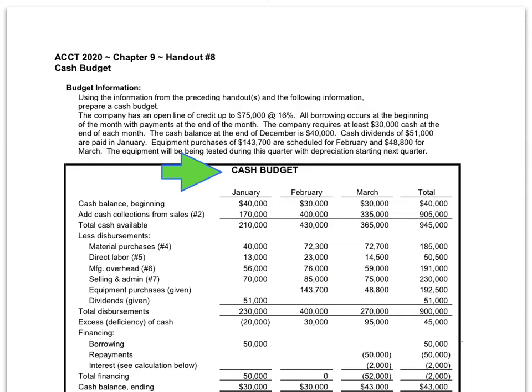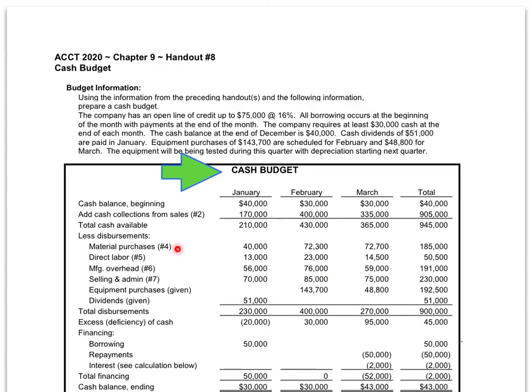So we're going to bring the bottom line number from that budget, and so we can actually pull this all in at the same time. 170, 400, and 335. It's from our cash collections. You can go back and look at that if you have any questions about where that came from. Okay, we're going to do our total column at the end. So this is our total cash available, $210,000.